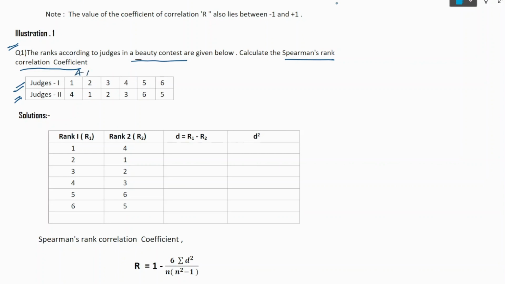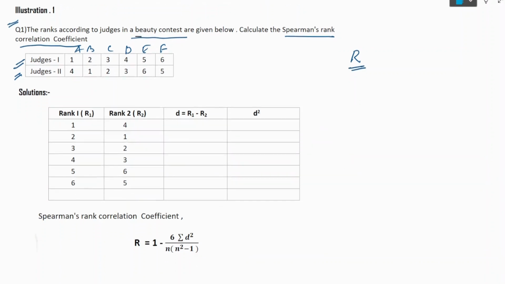Suppose these are the students A, B, C, D, E, F. There are 6 students participating in this beauty contest, and the judges have given the ranking according to their judgment. For A, judge 1 has given first rank, B second rank. For judge 2, A is given fourth rank. In this way the judges have given the ranks. Now we need to find the Spearman rank correlation coefficient, that is capital R.